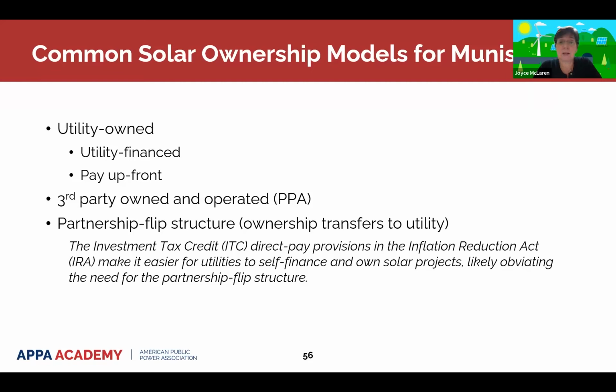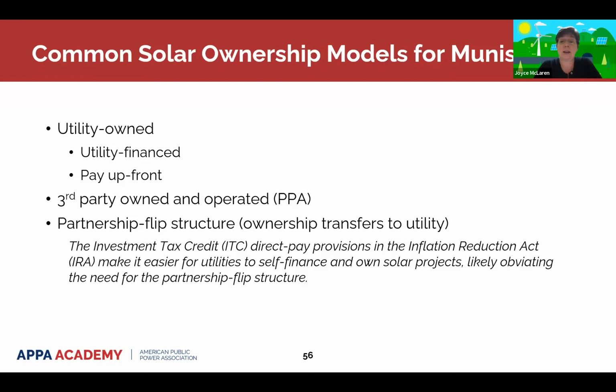That is less of an issue now that the Inflation Reduction Act has made it easier for utilities to own solar projects and take advantage of the tax credit in the form of a direct payment.